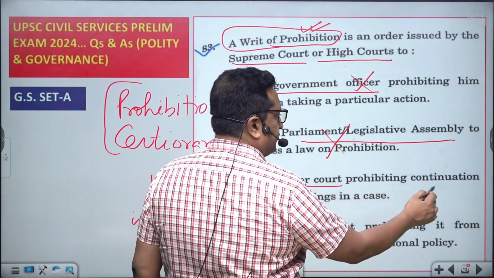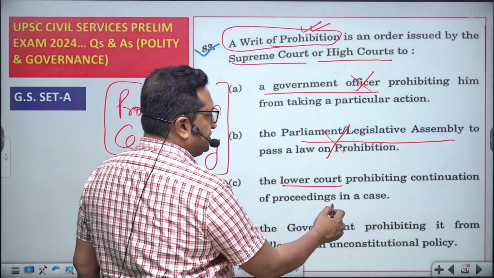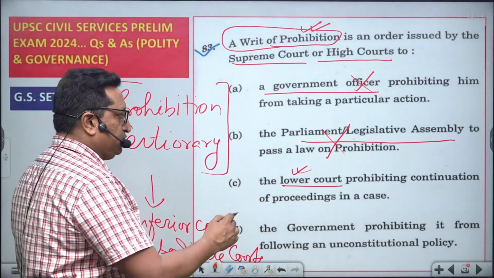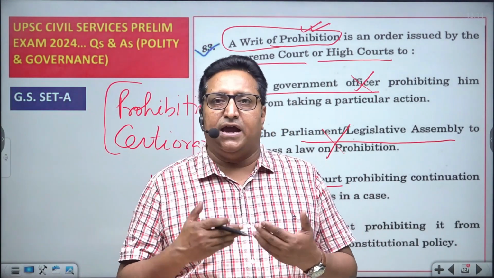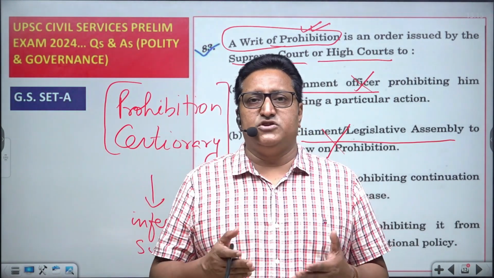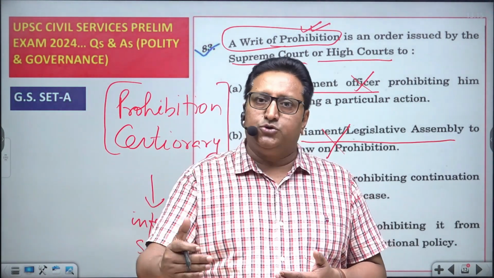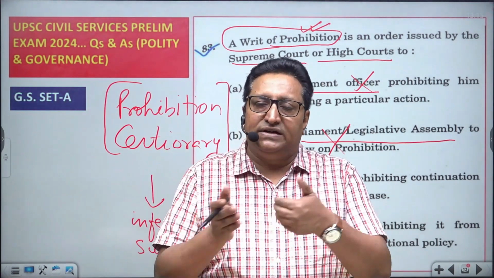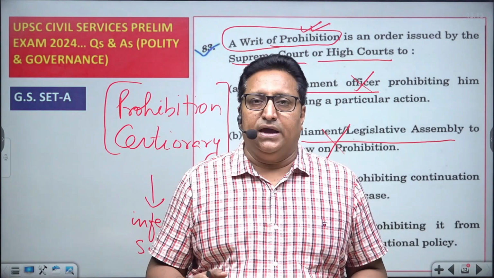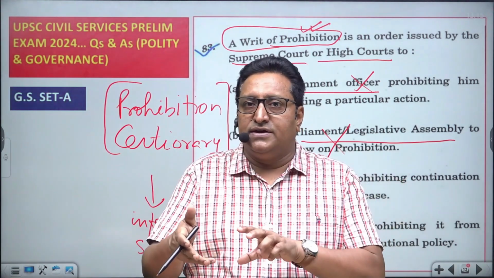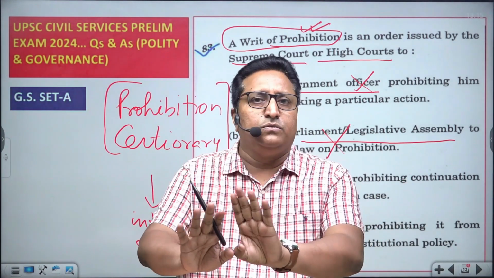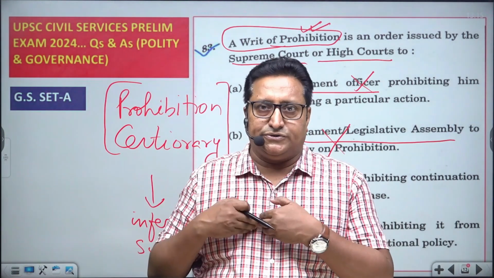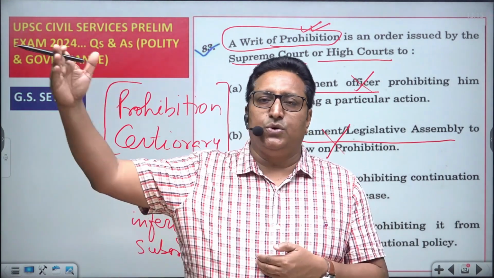The lower court prohibiting continuation of proceedings in a case? Yes, that's correct. So the purpose behind issuance of the writ of prohibition is to forbid, to prevent a lower court from proceeding further on a given case. The higher court may say, now you do not proceed, let's give the matter to us, or let's transfer the matter to another court.